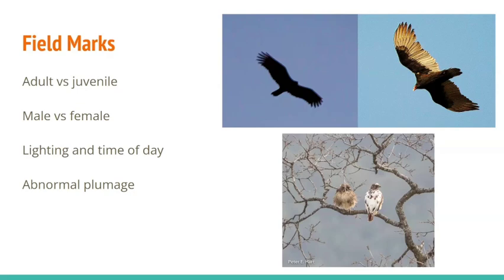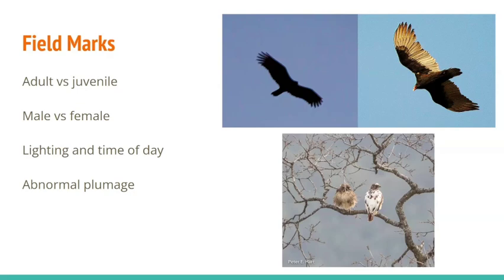And then one factor that can make ID really difficult is lighting and time of day. In the two top pictures, we have the same species of bird, but in the first picture you can see it's a very dark, cloudy sky, not great lighting, and the bird just looks very dark overall. We can't really see a lot of variation in that color.